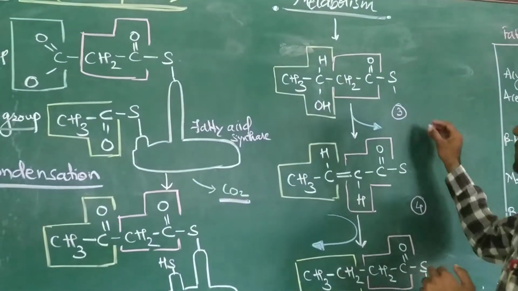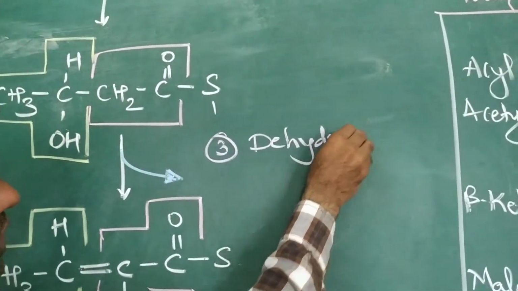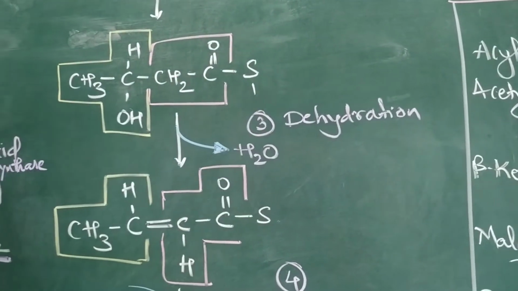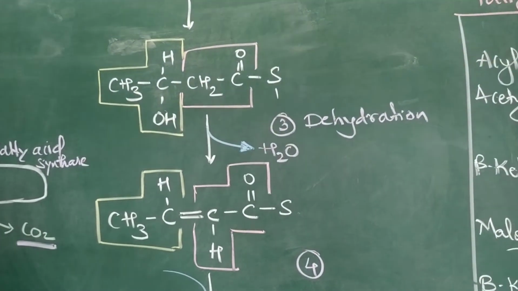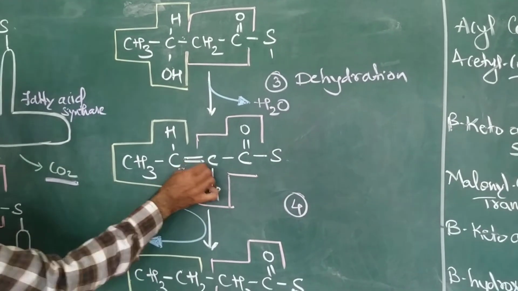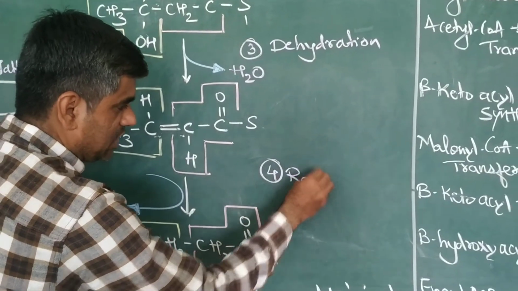The next step, the third step, is what is called dehydration, right? So dehydration, removal of water. After removal of the water molecule, you will find there is introduction of a double bond here. So the next step is again reduction.